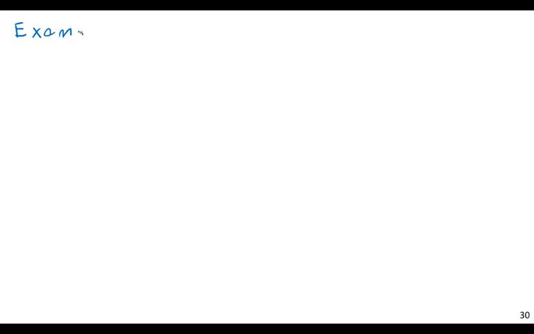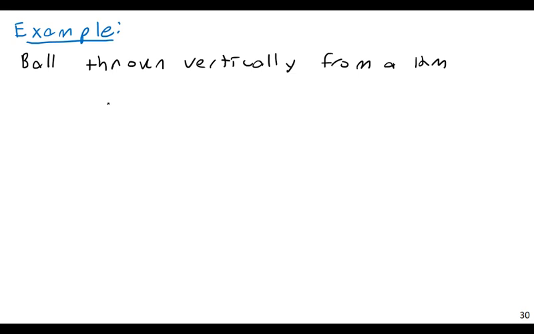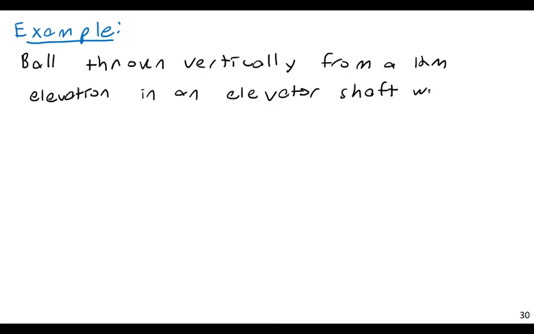Example: a ball is thrown vertically from a 12-meter elevation in an elevator shaft with an initial velocity of 18 meters per second.